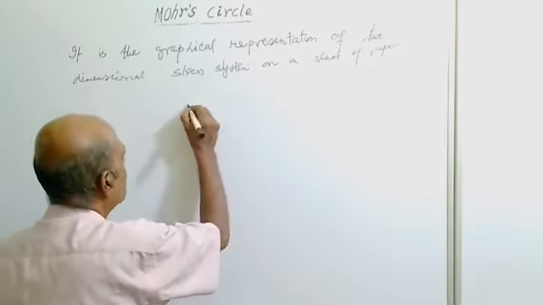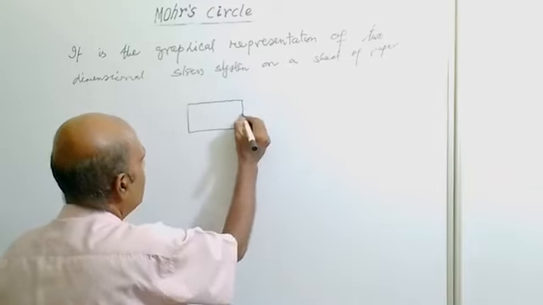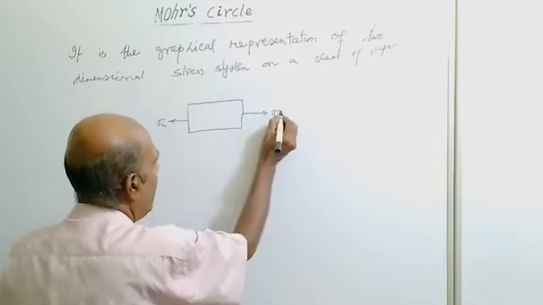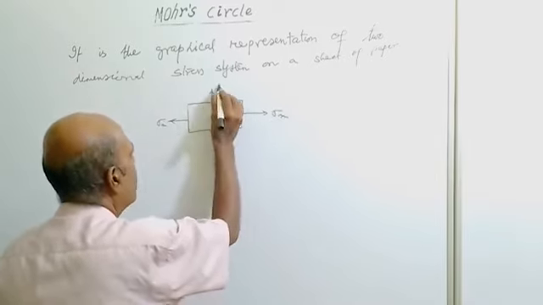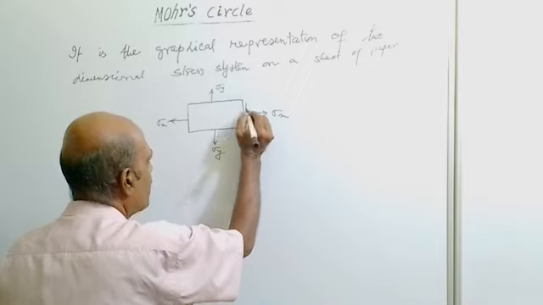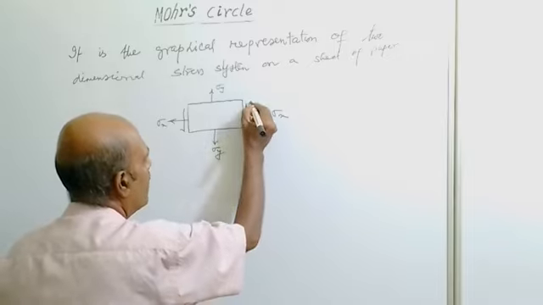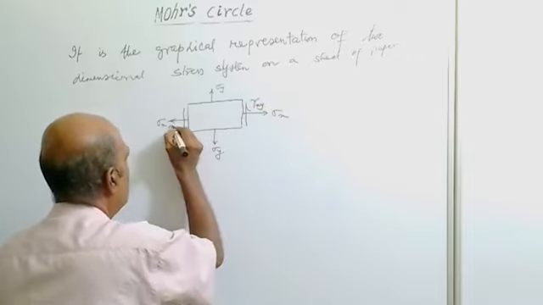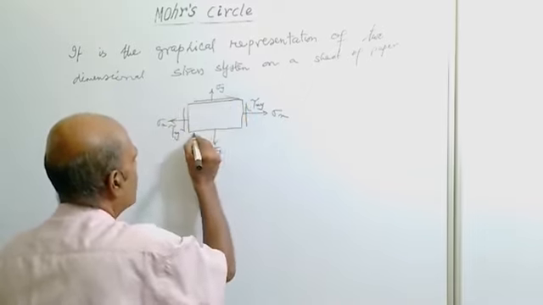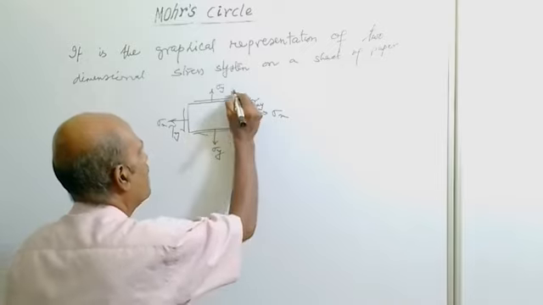Consider the most complicated case, that is of two-dimensional stress system, that is the body is under sigma x stress along x direction and sigma y stress along y direction, and the tau xy, that is shear stress acting on x face in anti-clockwise sense, and on y face the stress is acting in clockwise sense, that is tau xy.